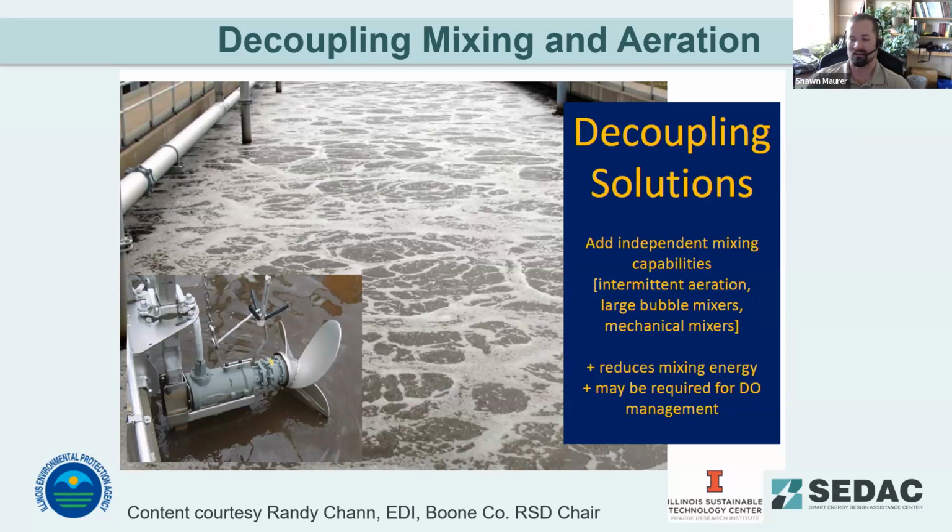So looking at technologies, either the submerged mixer that's shown in the picture here, or large bubble mixers, or other mechanical systems, or intermittent aeration, things that can reduce that aeration energy when you just need mixing capacity for the basin, can reduce your energy consumption overall, and provide better DO management for those basins to improve your operating efficiency as well.